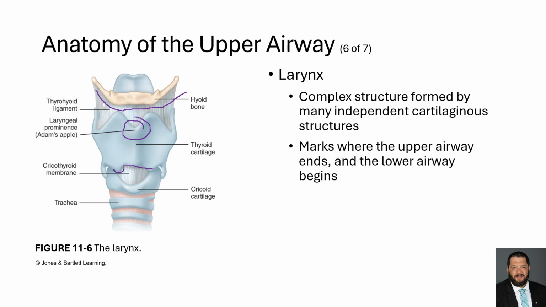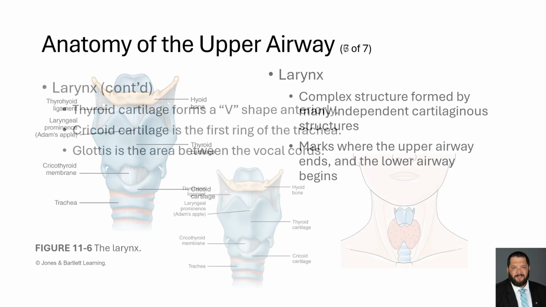For those of you looking at the paramedic route, when we talk about cricothyrotomy, this is the membrane we're looking at. And you have the cricoid cartilage just inferior to the cricothyroid membrane, which is also the first tracheal ring. The larynx is a complex structure, as we can see here, marked by independent cartilaginous structures, and it marks where the upper airway ends and the lower airway begins.